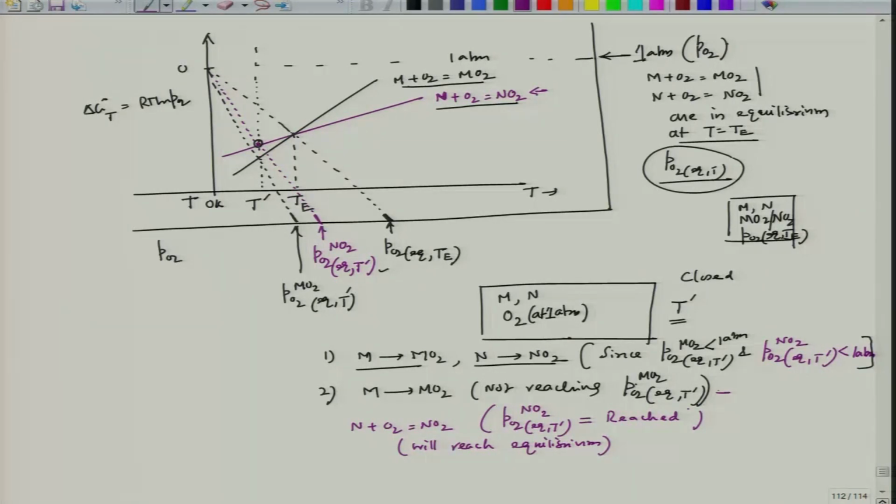And this will not reach equilibrium. Why?